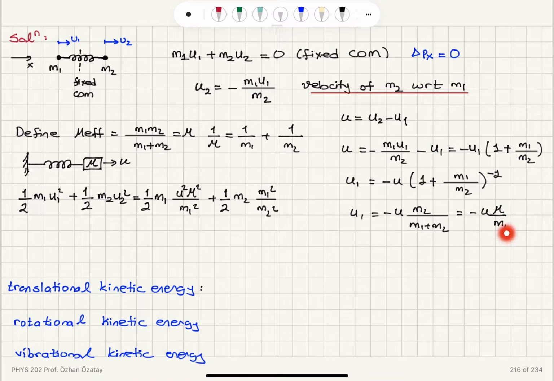But u1 is minus u mu over m1, so for u1 I substitute minus u mu over m1. So it is u squared mu squared over m1 squared.